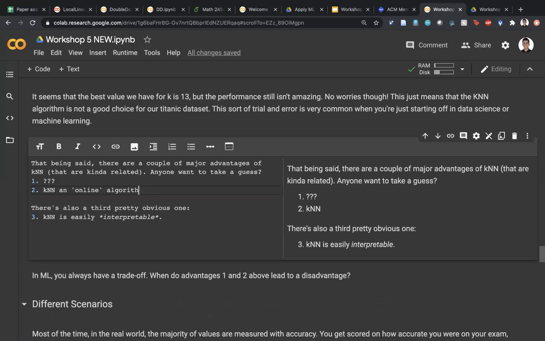And what this means is that let's say you get a new data point in your training data. This could very well be possible. For example, if you're watching a bunch of shows on Netflix and you've already seen 100 shows, based on that, Netflix can use nearest neighbors on your unseen shows and predict what you should watch next.